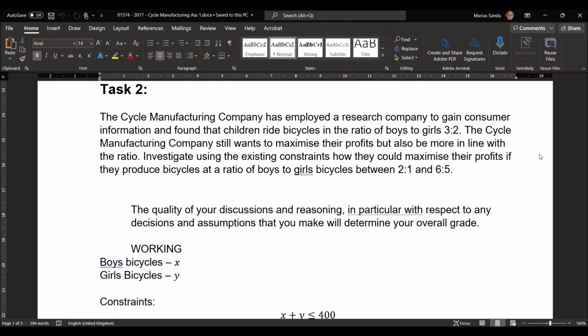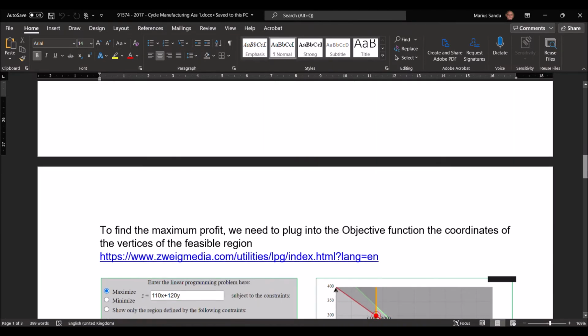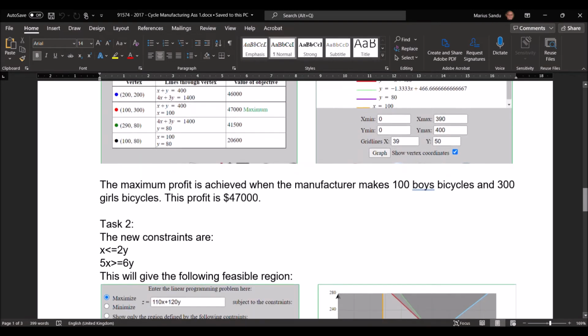So let's move on to how we write these inequalities, because they need to be between the new constraints. We keep the existing constraints and we add the new constraints of x less or equal to 2y and 5x greater or equal to 6y, and we enter those constraints in here.